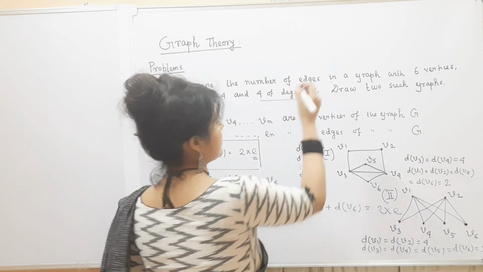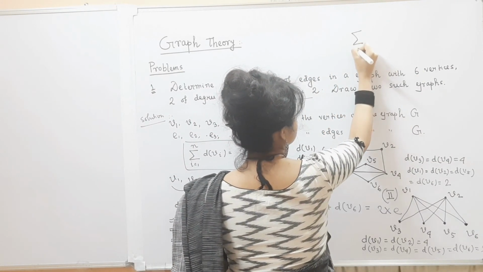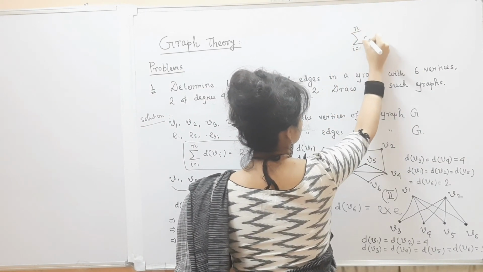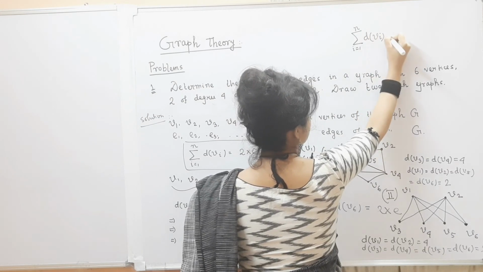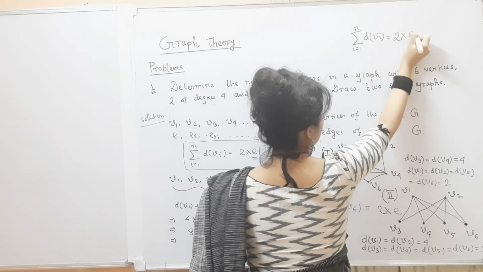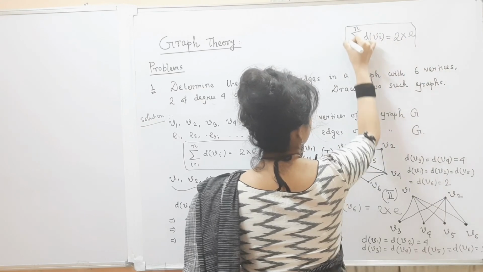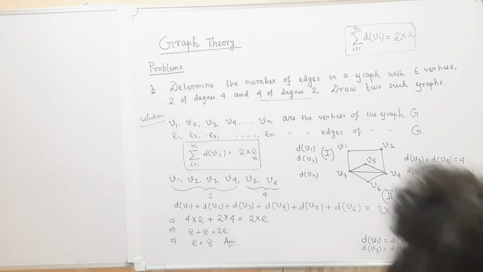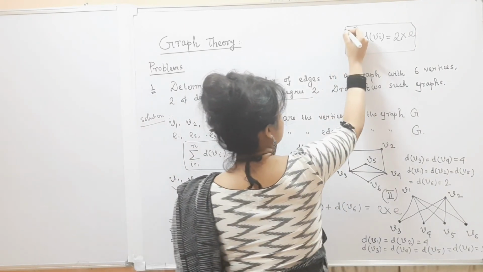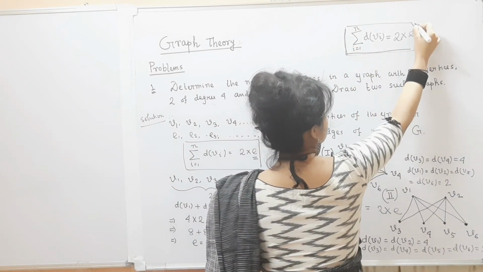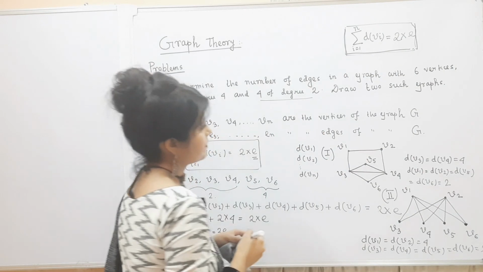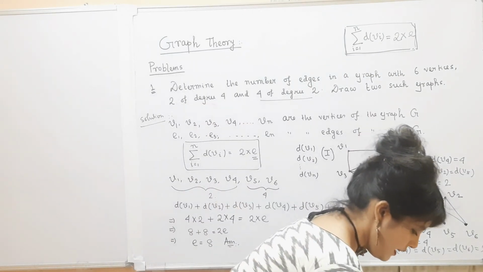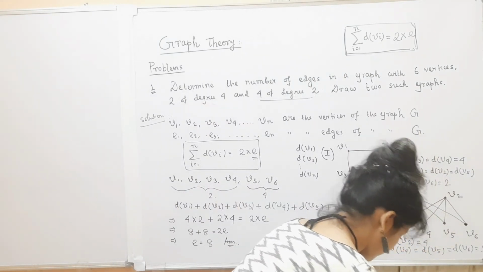So I am writing this theory here, okay, that is, the summation of i equal to 1 to n of degree of Vi is equal to twice the number of edges, okay. Remember this one. This is very important. Now coming to the next problem.